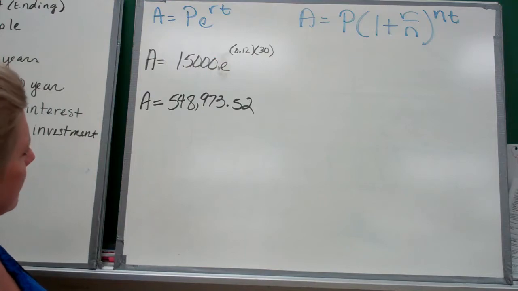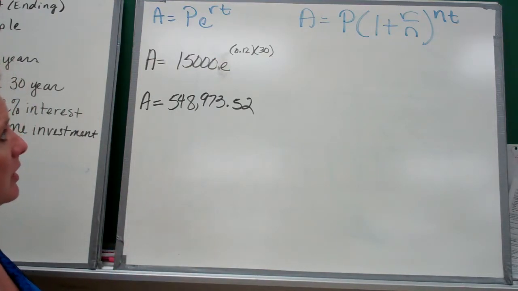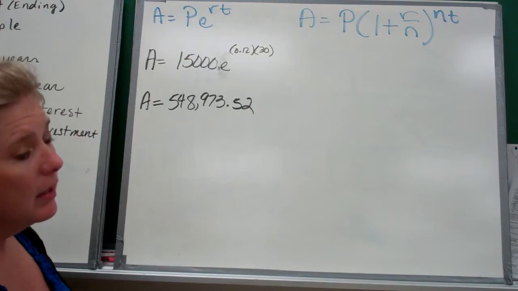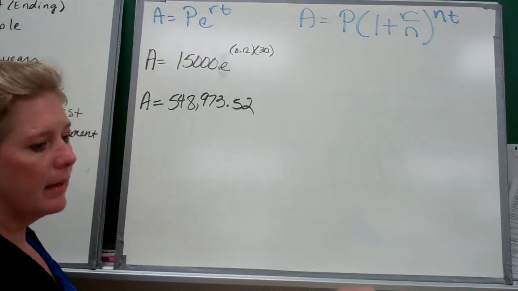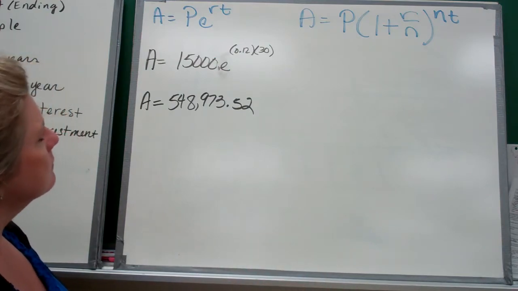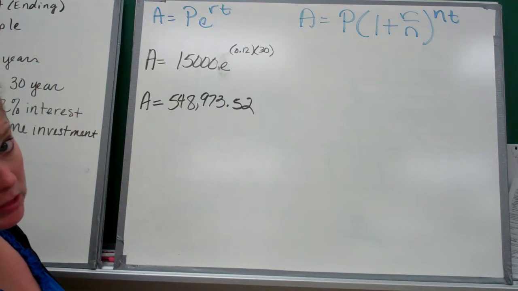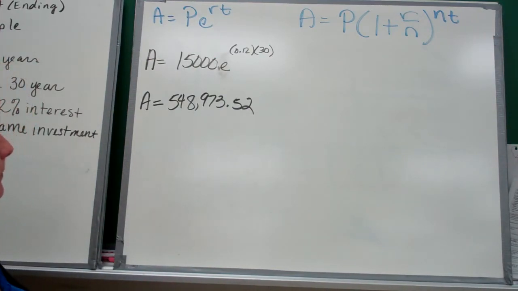It seems like a really long time, but look at how much money you'd have after 30 years. If you had $15,000 in the beginning, say when you're 20, and you just put that into an account and leave it sitting there, that would be one heck of a nest egg for a retirement fund.